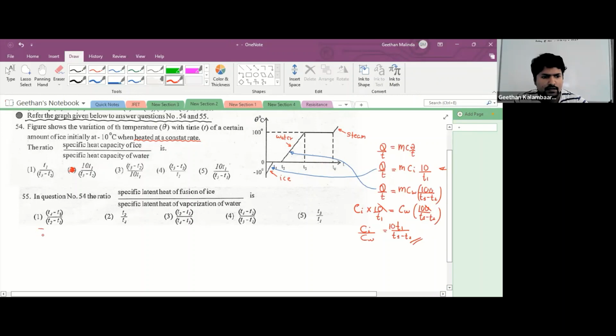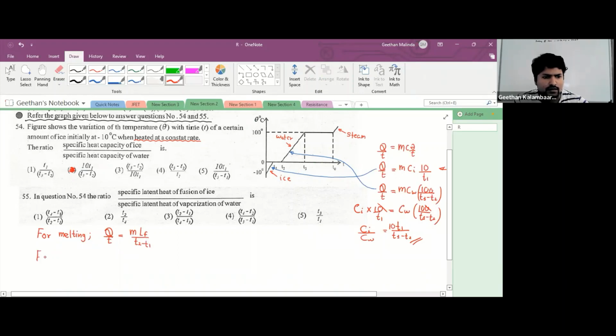For ice, for melting, Q by T is equal to m L fusion of ice, LF, divided by the time taken, T2 minus T1.